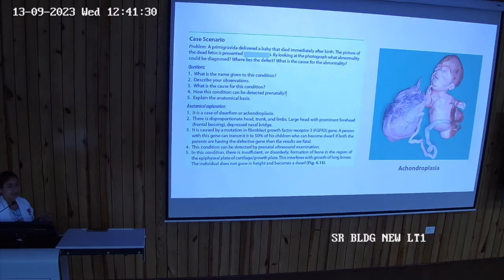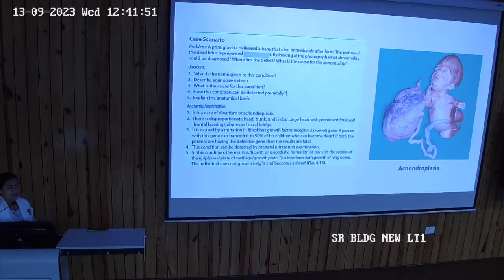So what will happen? We can see a large head, frontal bossing, and a flat nasal bridge. This is the nasal bridge, which is flattened. And you can see the disproportionate growth of the limbs. Small upper limb, very small lower limb is present.